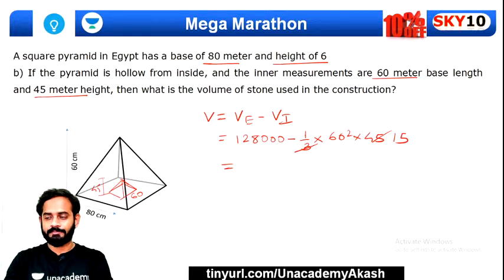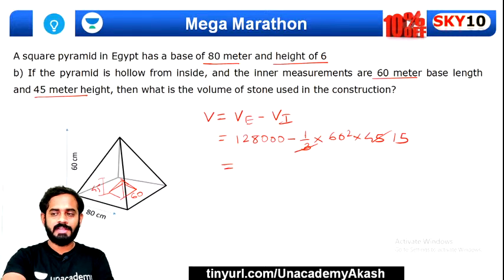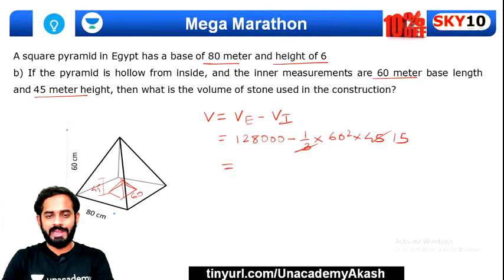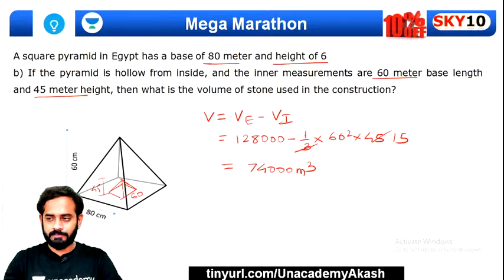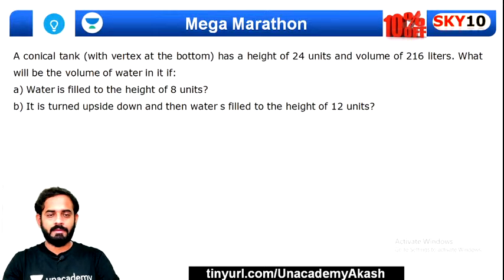Think about this quickly. Give me the answer of this question. It's a very simple question, guys. 3600 into 15, yeah, minus 128,000. Okay, so if you calculate this, you'll get the answer as 74,000 meter cube. This will be the volume of this remaining part. Very simple. Now let's quickly move further.